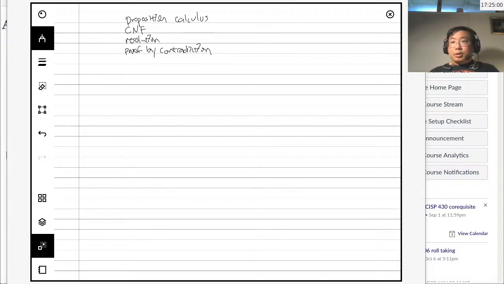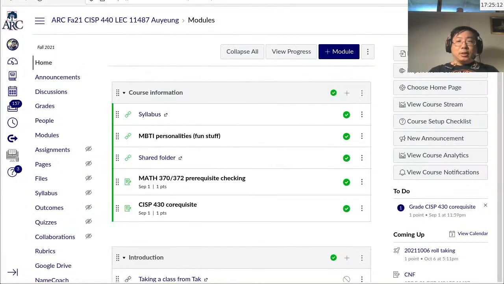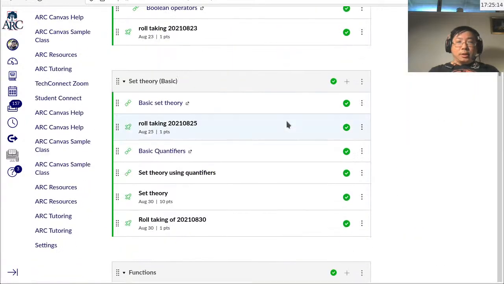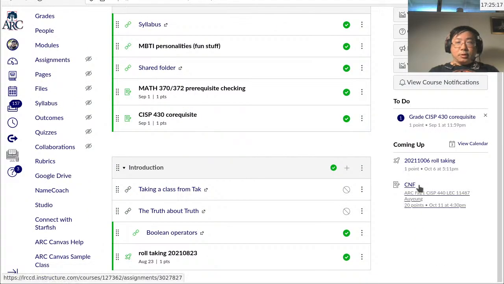All right, I'm just taking a look at the time. We still got about 25 more minutes. So if we don't have any questions, I just want to remind people that the assignment is already out. Okay, so if you look up the assignment stuff, the CNF assignment has been assigned since Monday, and it is due next Monday.